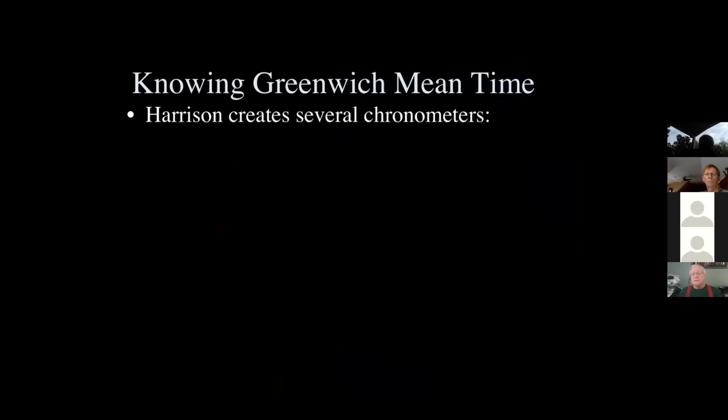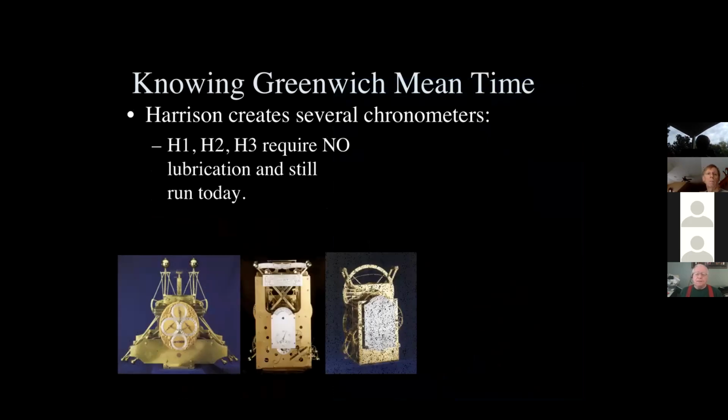So Harrison creates several chronometers in hopes of winning the Longitude prize. H1, H2, and H3, they're referred to this way just to say Harrison 1, Harrison 2, Harrison 3. These first three chronometers required no lubrication whatsoever.